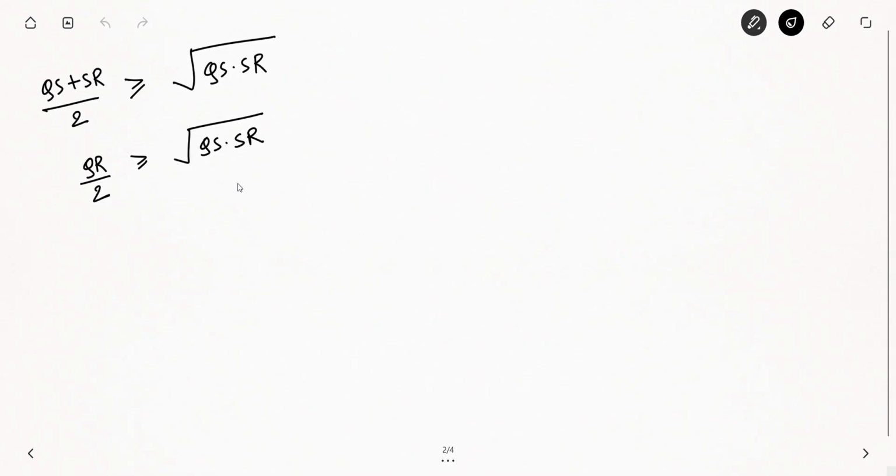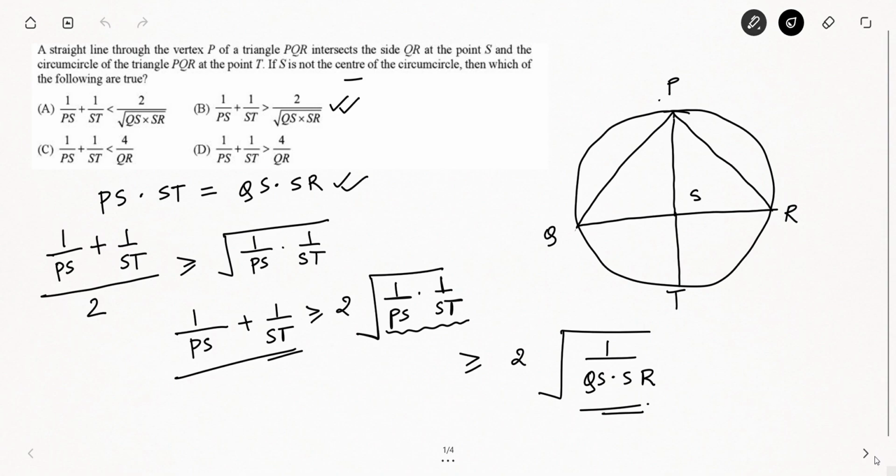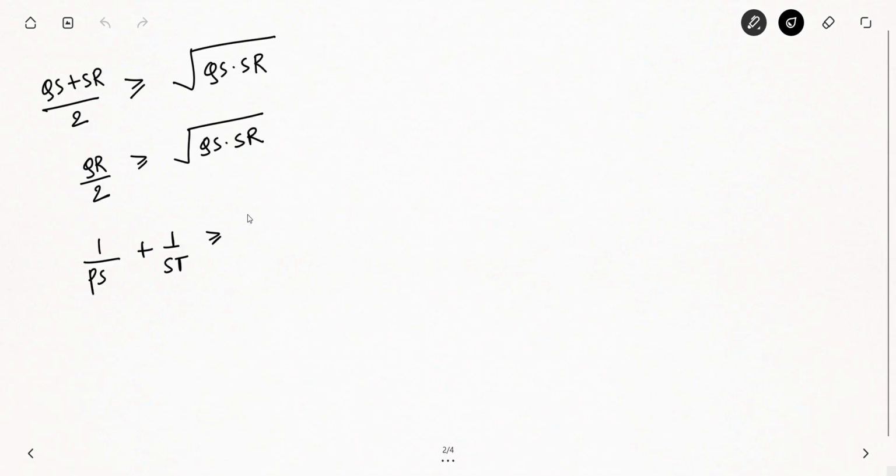What it was actually, 1 upon PS plus 1 upon ST is greater than or equal to 2 root under QS into SR. In place of QS into SR I can write this thing.